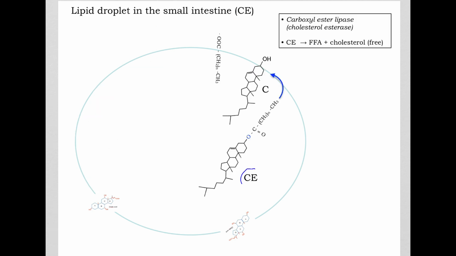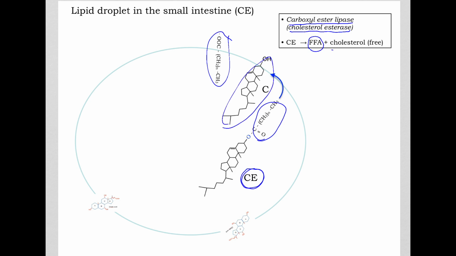The cholesterol ester that is present in the lipid droplet in the small intestine will be acted on by carboxyl ester lipase that we talked about, your cholesterol esterase, and that will produce free fatty acid. So this fatty acid part is removed and you get cholesterol.